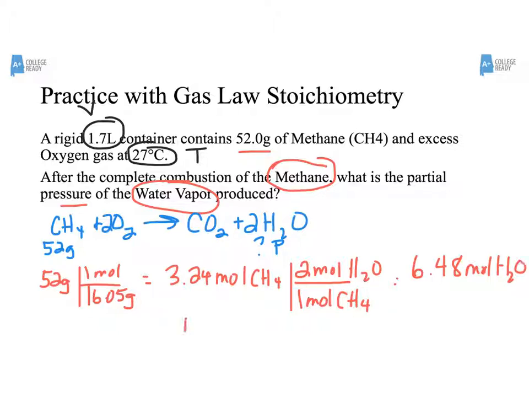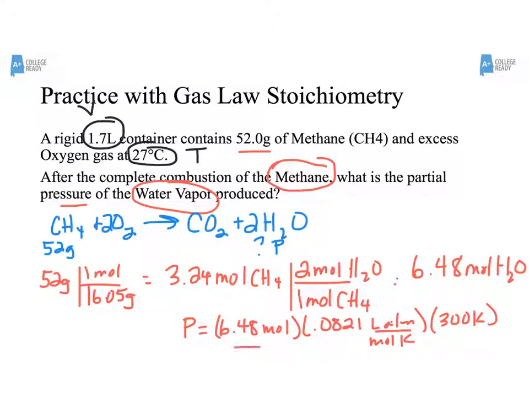So pressure is equal to the moles times our gas constant, 0.0821 liters ATM per moles Kelvin, times our temperature, which was 27 degrees Celsius, which we need to change to Kelvin, so that's 300 Kelvin, all divided by our volume, which was 1.7 liters.